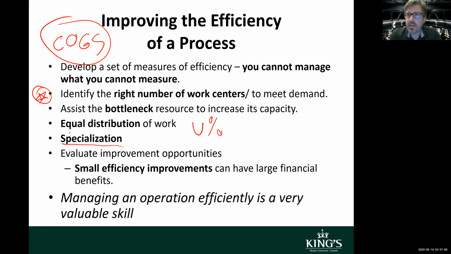Now, another way that we should think about in terms of efficiency is providing specialization. The more specialized a series of tasks are, the more specialized is the resource or the machinery or the workers. The faster they become, the cheaper they become relative to the overall cost. So the cost per unit decreases with specialization.